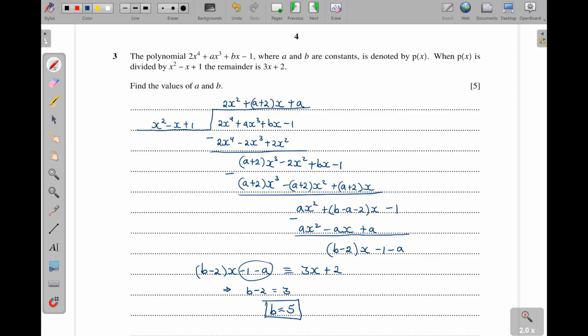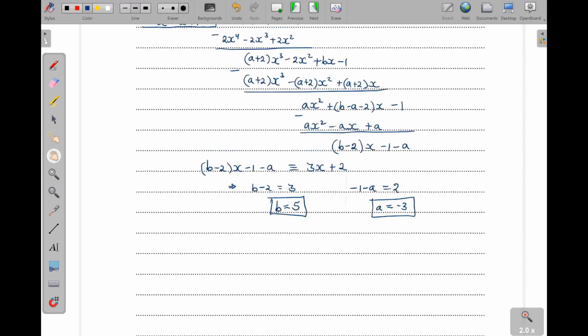And then this constant part, negative 1 minus a, has to be equivalent to this 2 here. When I take 2 here and then I take a here, a will become a positive, then the 2 minus. That means a is going to be equal to negative 1 minus 2, and that will be a negative 3. So that will be our answer.